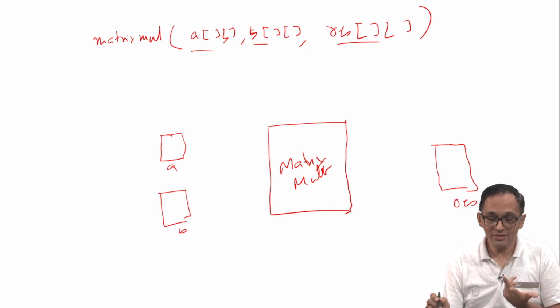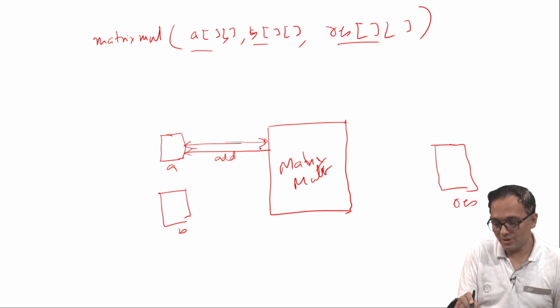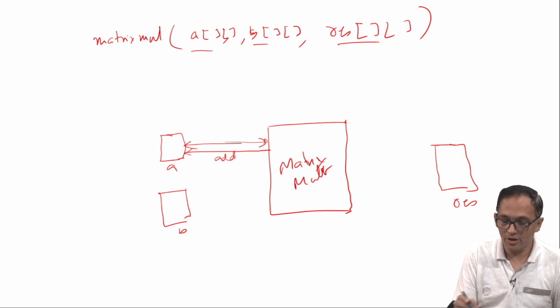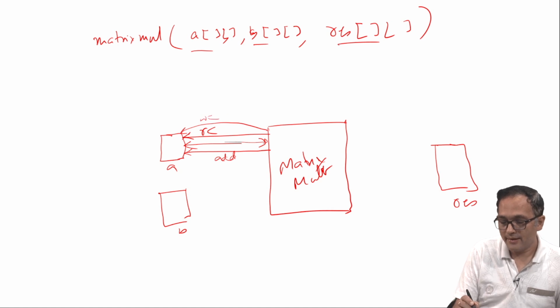You need an address, you need a data line, so that the data goes in either direction, you can read or write, there will be some read enable, write enable, whether you want to read or write.